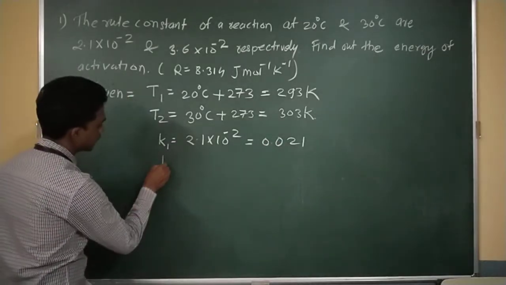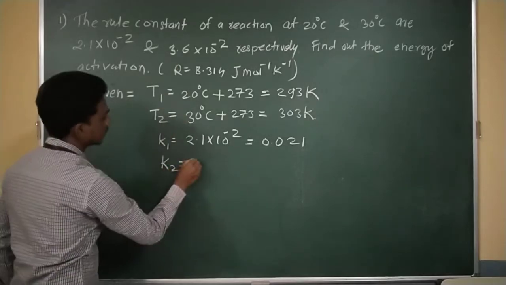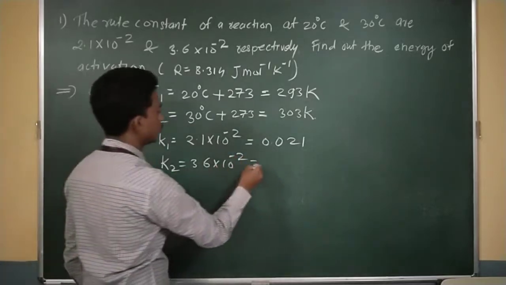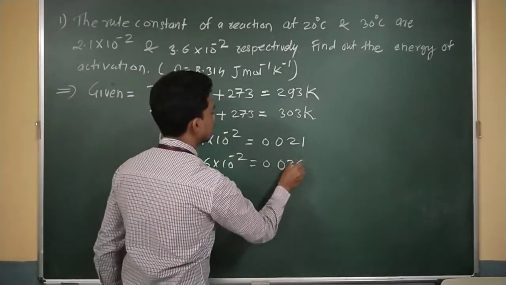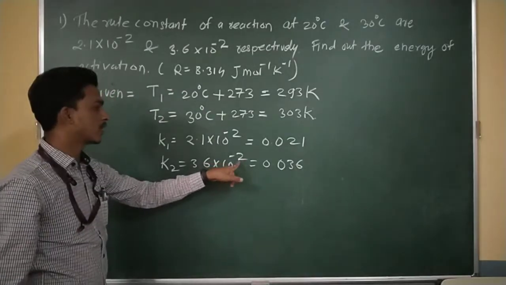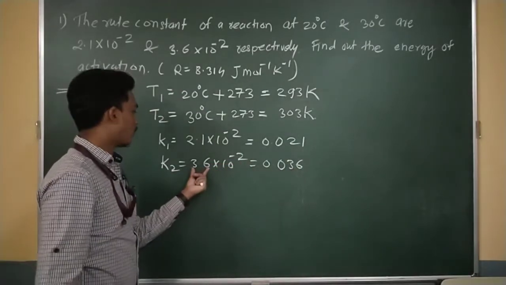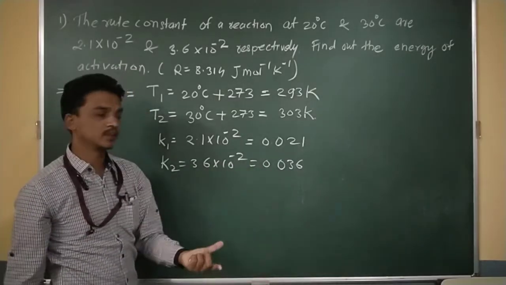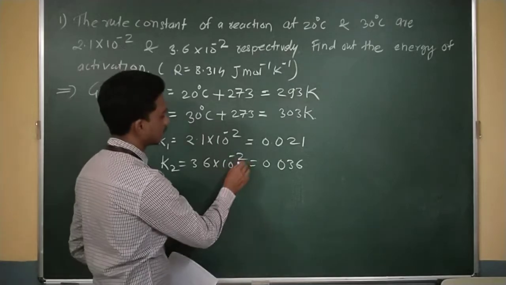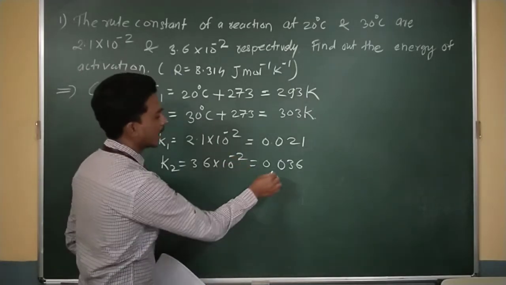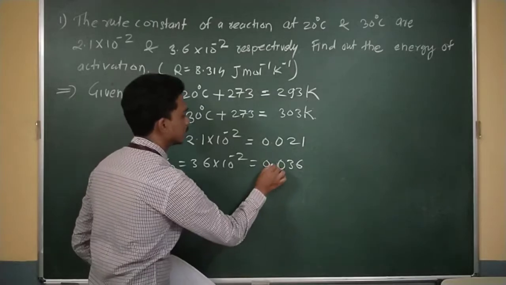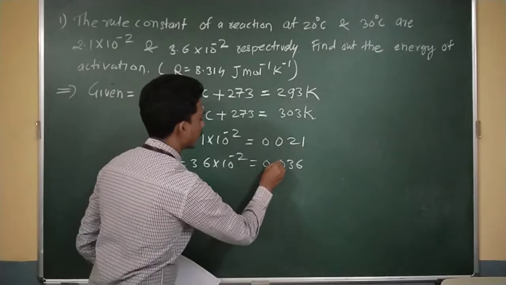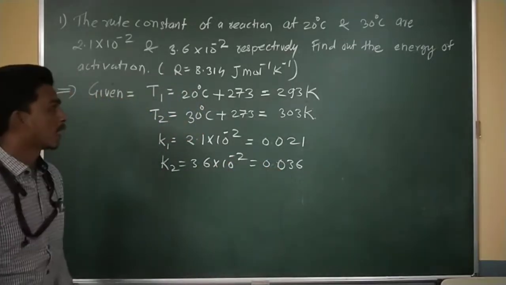Like that, the value of K2 is given here, 3.6 into 10 raised to minus 2. I can also write this value as 0.036, because minus 2 is here. Minus 2 means there are two zeros in front of this value.